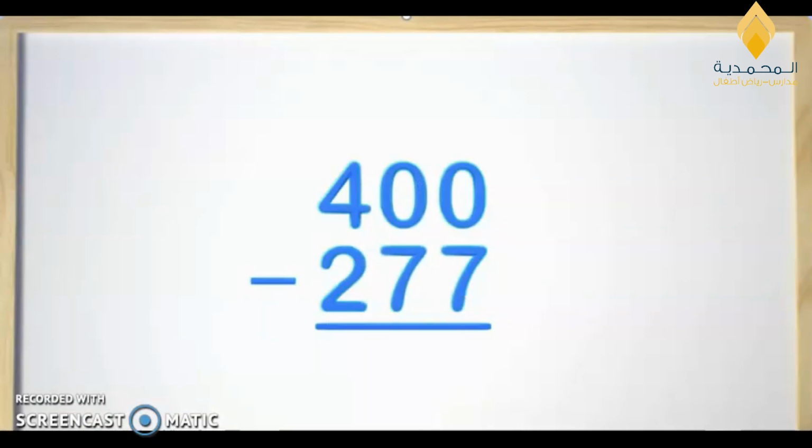What about talking about an example if we have zeros in our numbers? For example, if we take this example, 400 minus 277. Okay? As you can see, we should start subtracting from the ones place.